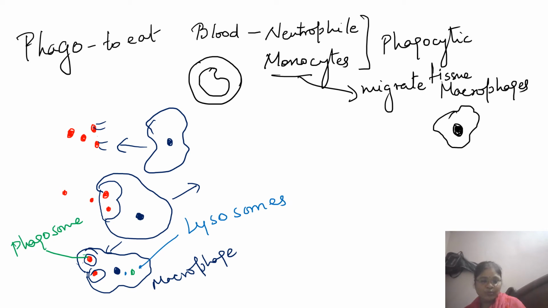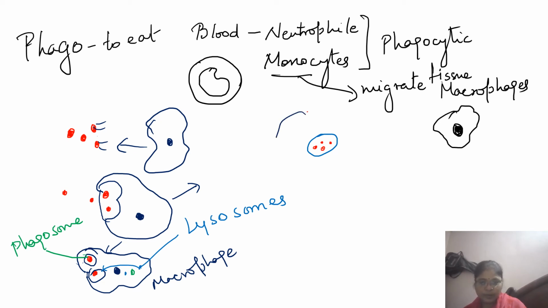These lysosomes will fuse with the membrane of your phagosome. Suppose this is the vesicle which is having bacteria in it, the bacteria inside that phagosome, and this is your macrophage.